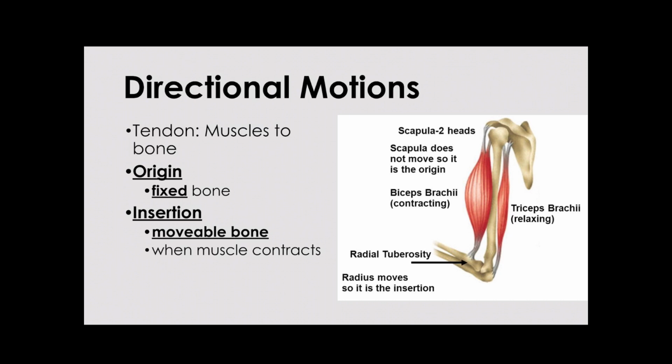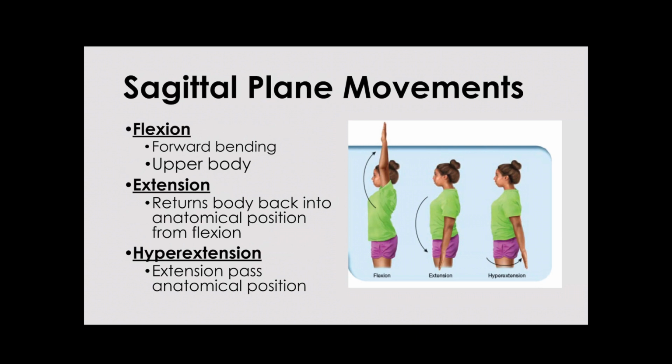So the insertion here for the bicep would be with the radius that you can see in this diagram. So if you try to move your biceps, you can see that your scapula isn't really going to move because that's your origin, but as you move your radius and you contract it, and as your biceps contract, your radius will move, vice versa.